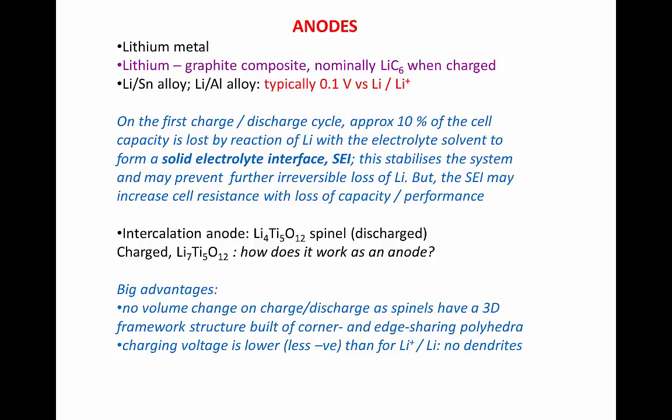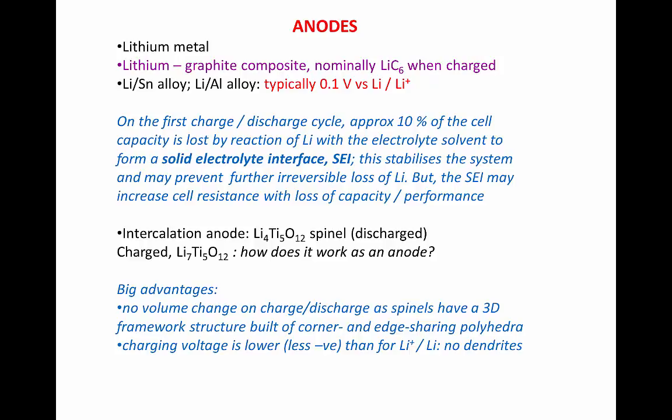Next topic is to look briefly at anodes. So from our earlier graph on the anodes and cathodes against the cell voltage against capacity, we had data for lithium metal and the lithium graphite composite, and we said a little bit about lithium tin alloys.